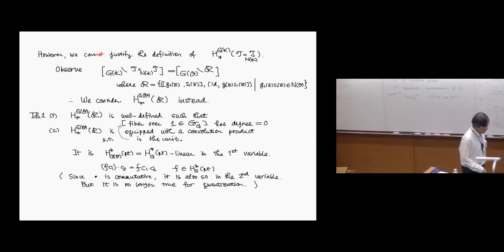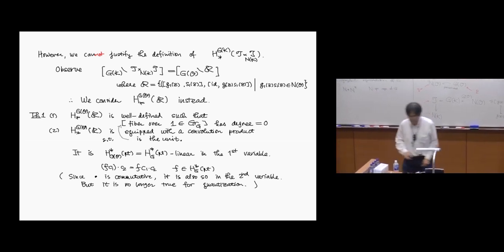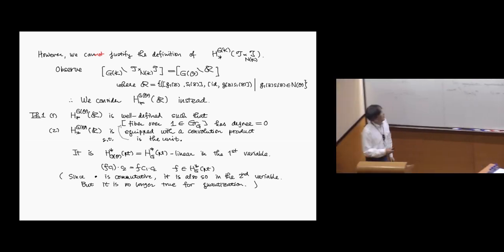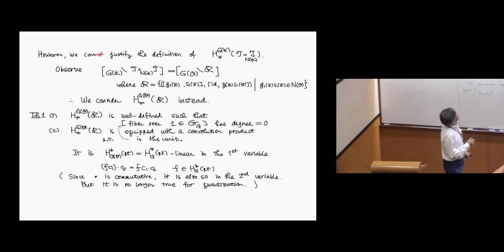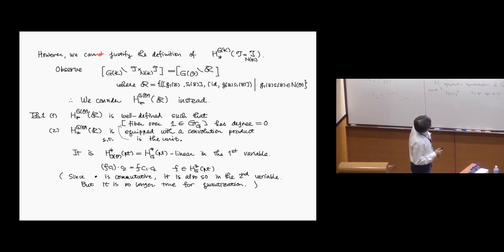So this is a little bit of a technical point, so this is not mine. So I consider this fiber product and the action of G of K. But you can normalize the second component. The second component I did not write, but this is the second component.